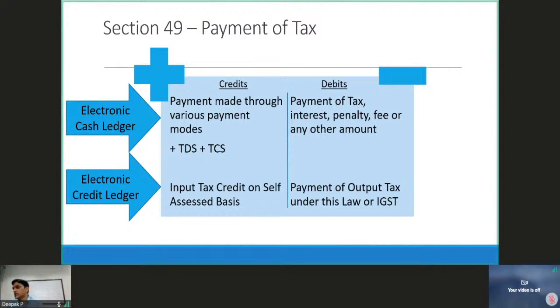Let me take some questions here. Can we pay tax by cash without setting off ITC? You can pay. Now there is a question which says, sir, you're talking about electronic credit ledger, electronic cash ledger. Say I don't want to use the electronic credit ledger. Why? There could be various reasons.